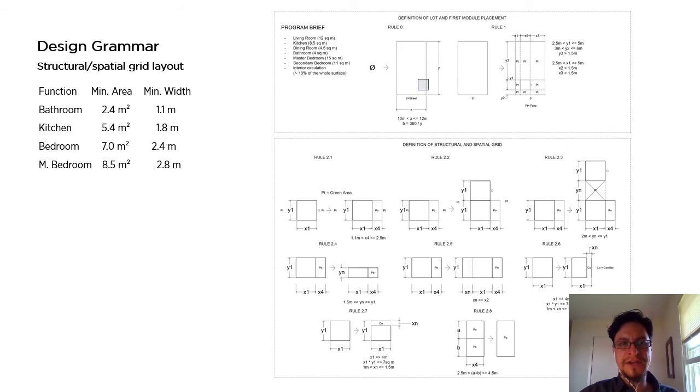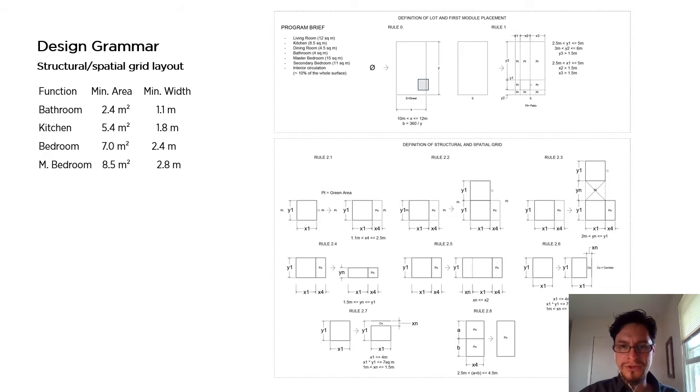The first stage of the design grammar addresses the structural and spatial grid layout of the house using the minimum interior space dimensions set by the local housing authorities.